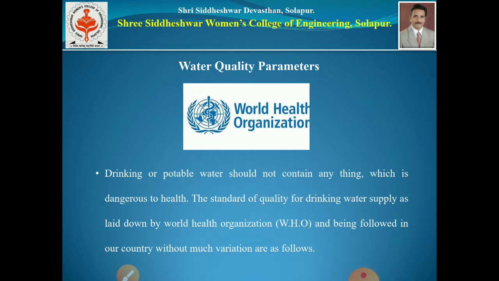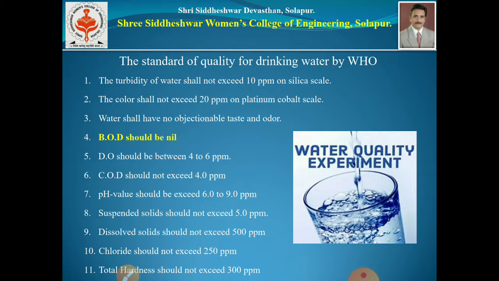The standards of quality for drinking water are given by WHO, and in our country, with not much variation, we all follow this. So let us see what these parameters are. About turbidity: water should not be turbid, which means it should be completely clear.